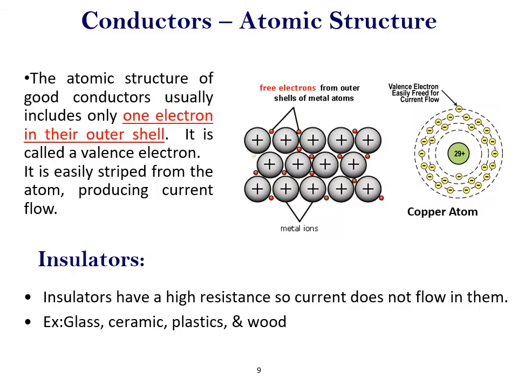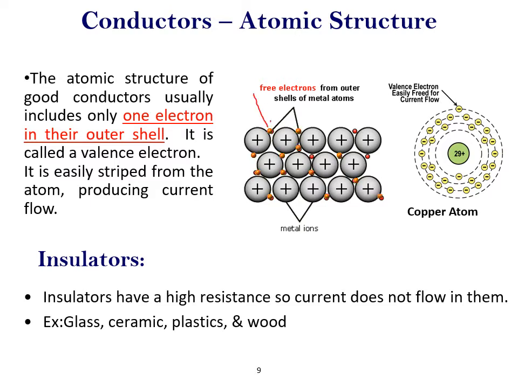This is the atomic structure of conductors. The atomic structure of good conductors usually includes only one electron in their outer shell. It is called a valence electron. It is easily stripped from the atom, producing current flow.